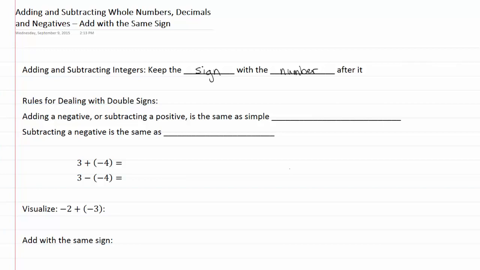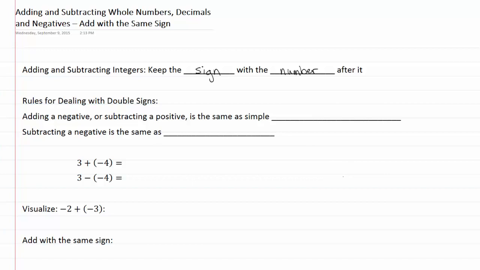Now, the rules for double signs we are not going to use here in your questions for this one and in your examples. We will be using it in the next couple of sections, but we will go over it now.